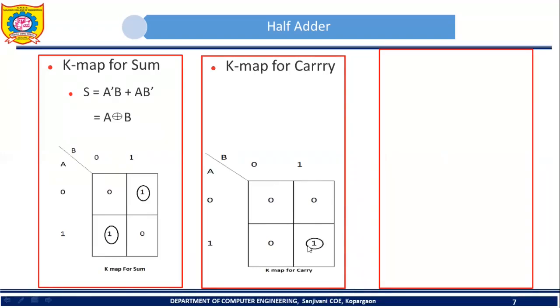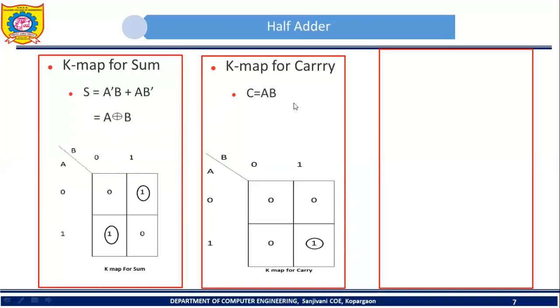Can you tell me which will be that term? For this group, the value of A is 1, so A, and the value of B is again 1. So AB is the term corresponding to this group. So C is equal to AB. In this way, from these 2 K-maps, we can obtain the expressions for sum and carry.